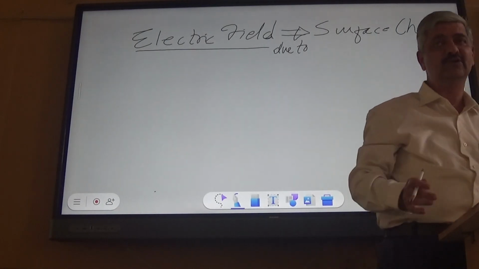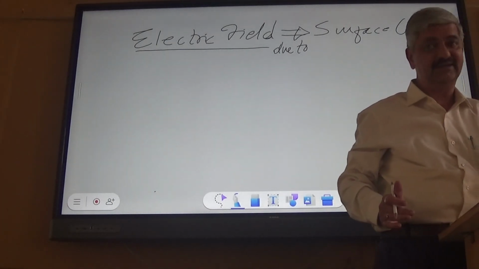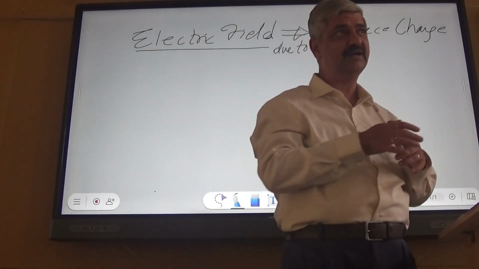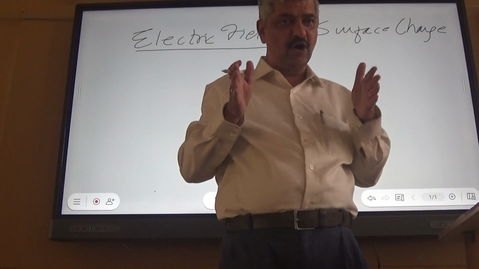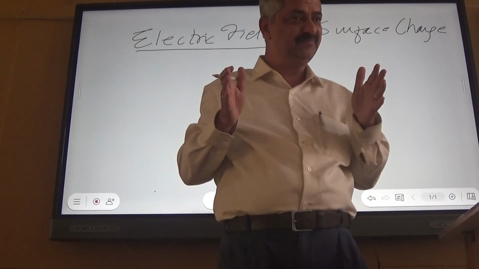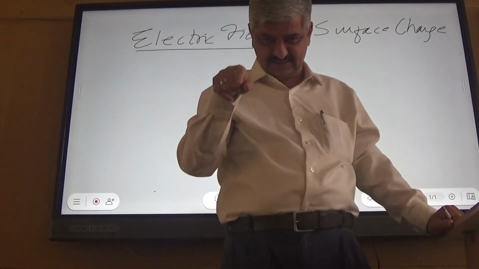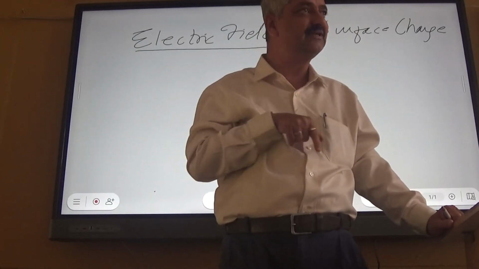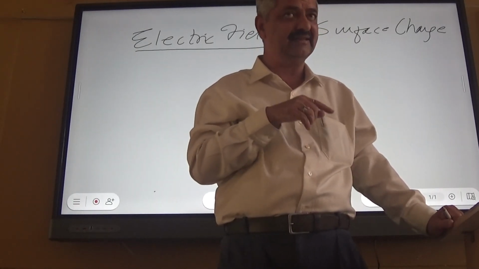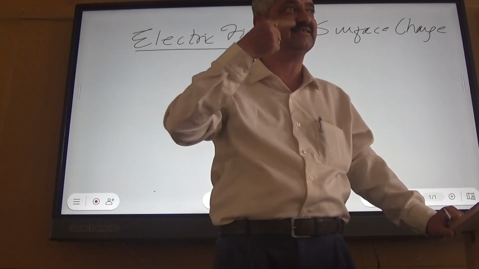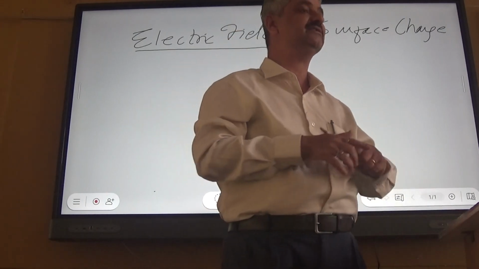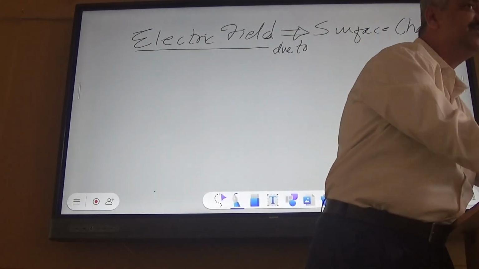So what will be the load at a particular point? There will be no load at a particular point, but the overall load. If we have a cube of say 10 kg and its surface area is 4 centimeters square, then 2.5 kg per centimeter square is the surface load which is there on the plate.